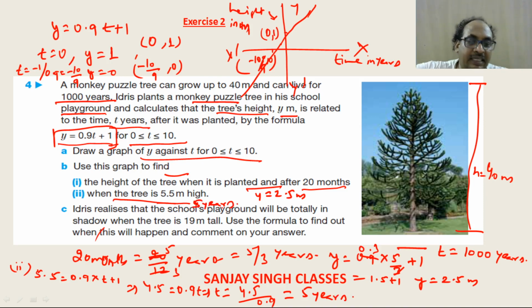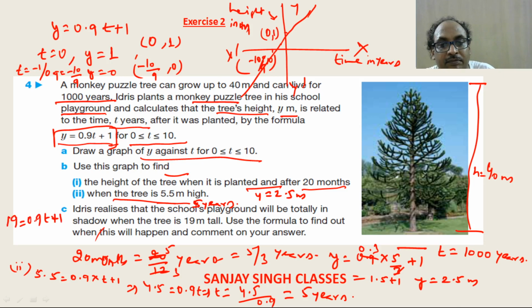Now Idris realizes that the school playground will be totally in shadow when the tree is 19 meter tall. Use the formula to find out when this will happen and comment on your answer. So 19 meter tall is given to us, the height. So 19 meter is equal to 0.9t plus 1.